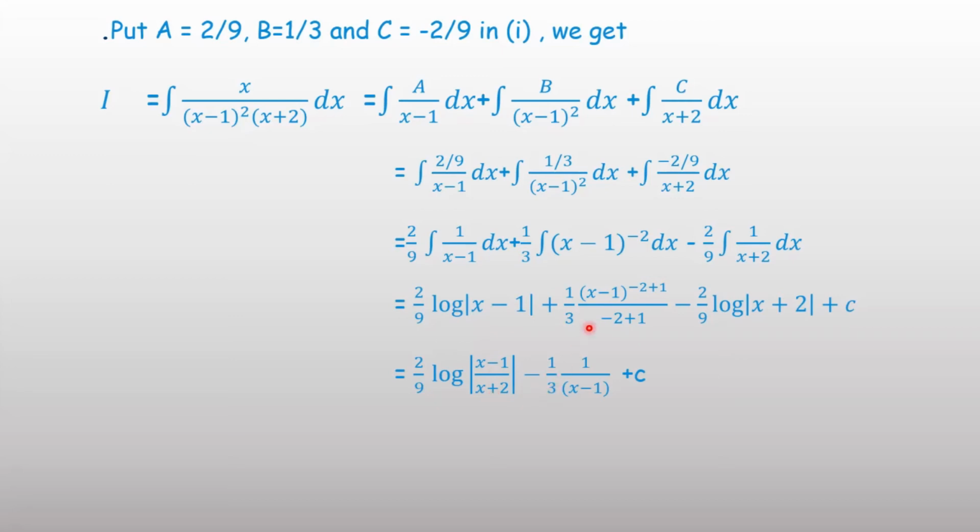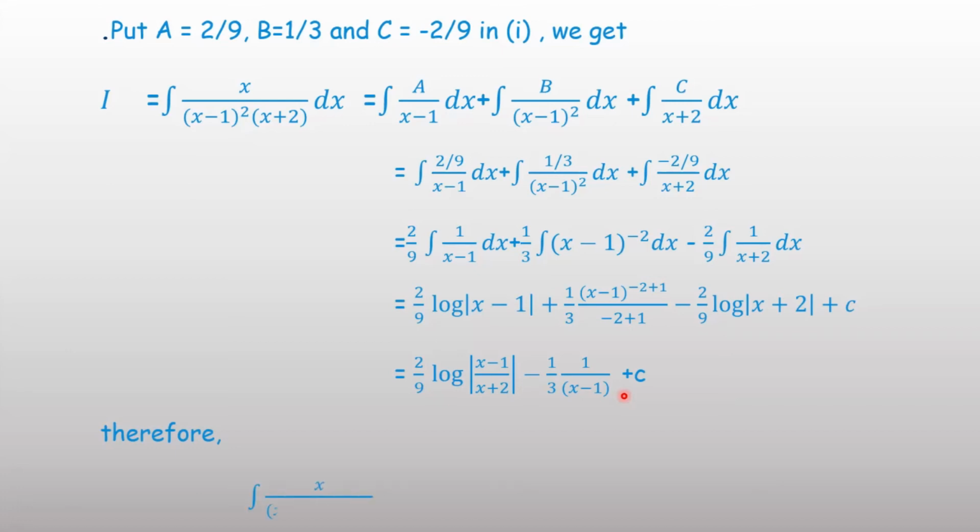Minus 1 upon 3, because minus 2 plus 1 means minus 1, and minus into plus multiplied, minus 1 upon 3 as it is, and (x minus 1) power minus 1 which we can write as 1 upon (x minus 1) plus constant C.